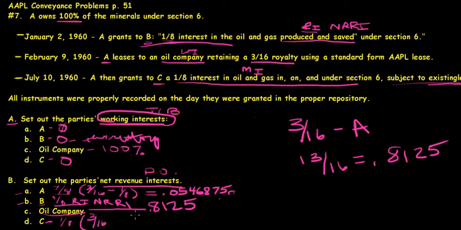And we're going to minus out, remember, just like we did here, the 1/8 interest that she had previously reserved to B. So now we're going to go 3/16 minus the 1/8.